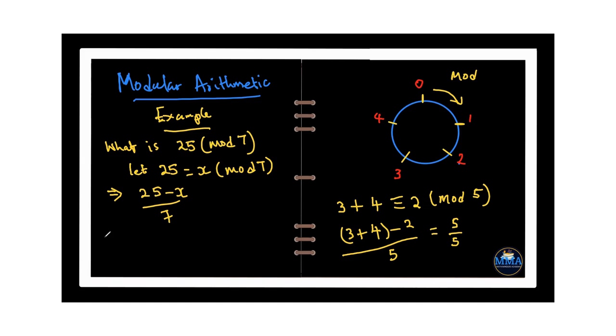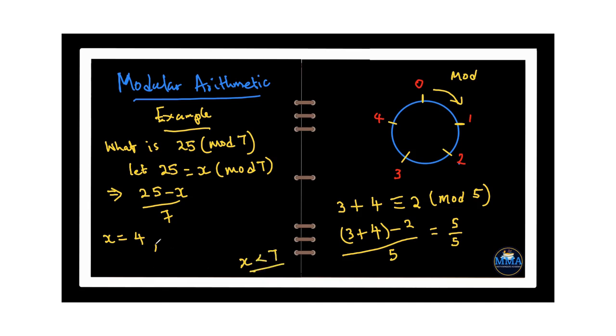Now let us look at the possible values. If I subtract 4 from 25, I'm going to get 21. And of course, if I divide 21 by 7, I'll get a whole number. Now, can you think of another possible value of x? But remember that the condition is that any value of x that we take must be less than 7.